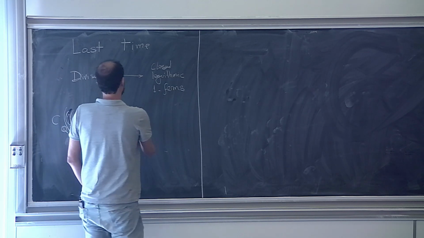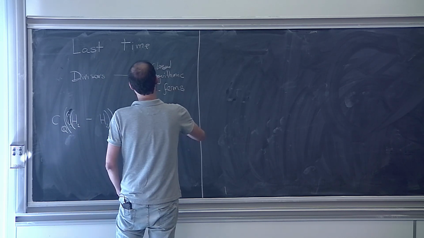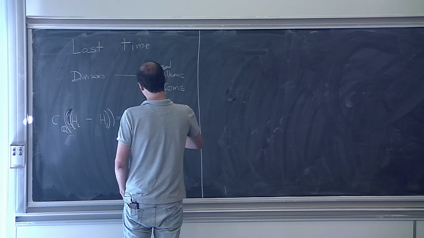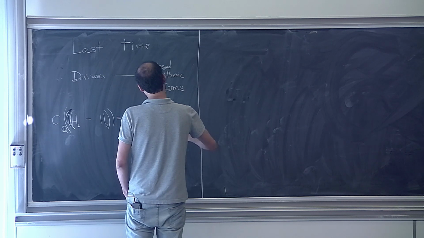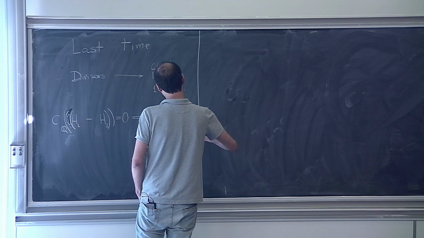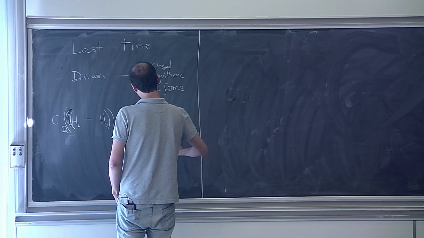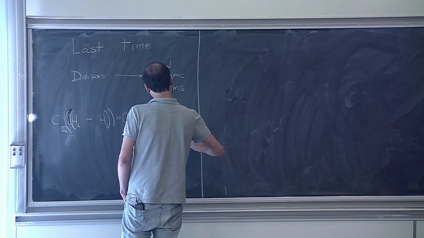And then in this situation, we showed that we could produce a logarithmic one form omega with residue divisor equal to D1 minus D2 and periods of omega contained in iR.